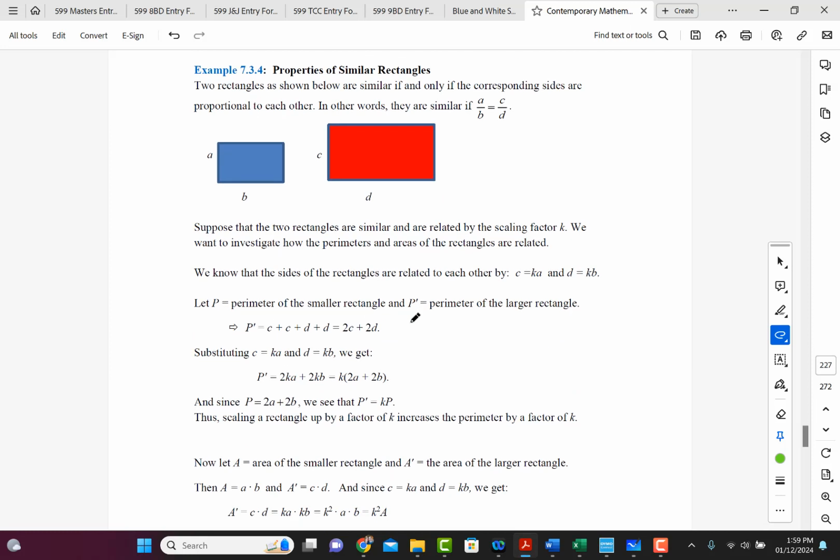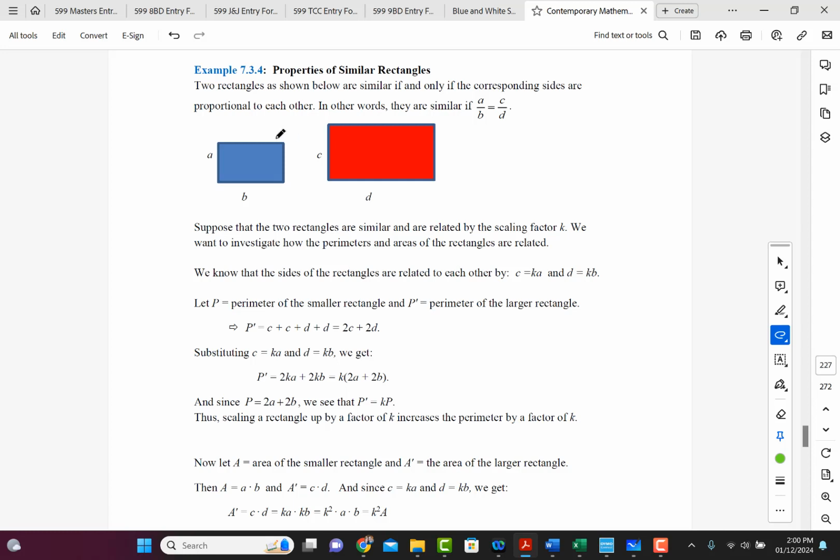In this example, we have 2 rectangles. Now, they obviously have the same angles, right? They're all 90-degree angles. But are they similar figures? In order to show that, we want to show that the corresponding sides are proportional.